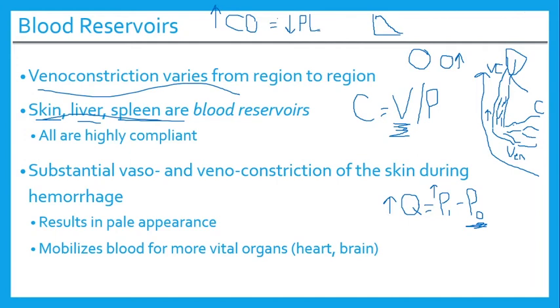Because in these compliant regions, that increase in blood volume is going to wind up here and not make its way back to the right atrium. But if we venoconstrict those areas, then we are able to keep up with preload, and then we're able to keep up with the level of cardiac output. So this is one of the mechanisms used in order to keep up preload when there is an increase in cardiac output.